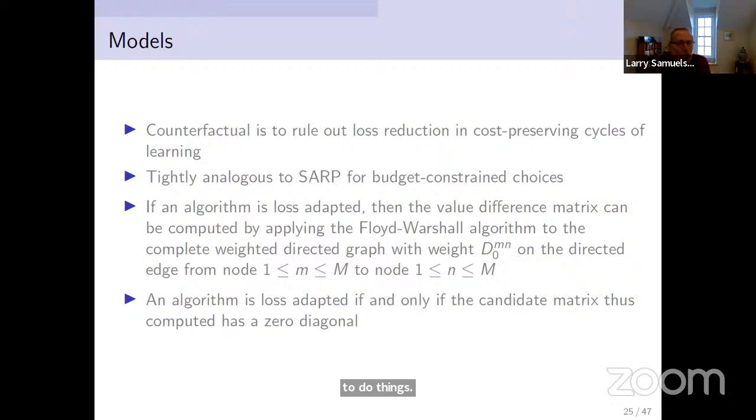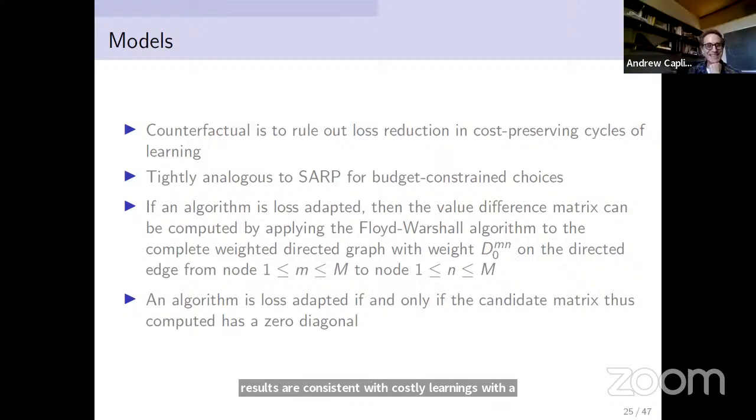And so we might be interested in cost functions that satisfy some properties. A monotonicity property is one that comes to mind. When, in the end, you tell us that your results are consistent with costly learning, could you go further and say your results are consistent with costly learning with a cost function that satisfies, and then Emir knows the answer. Fill in the blank.